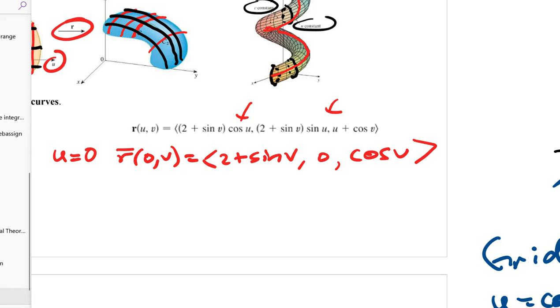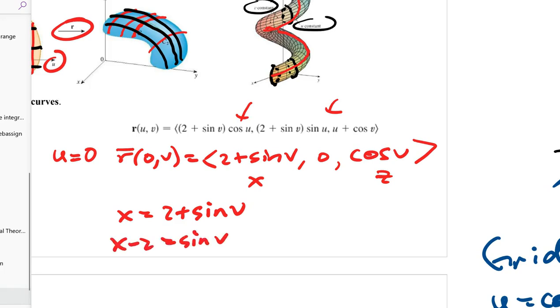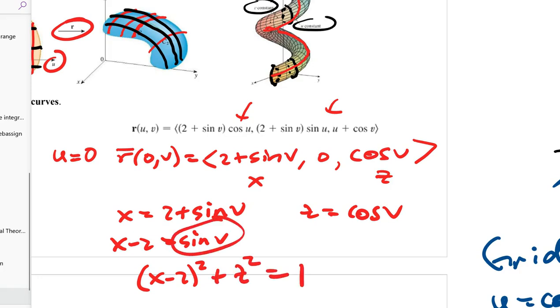So here, if you look at x and z, we have x equals 2 plus sine of v, or x minus 2 equals sine of v. And we have z equals cosine of v. So when we do x minus 2 squared plus z squared, we get 1, because that's sine squared plus cosine squared.